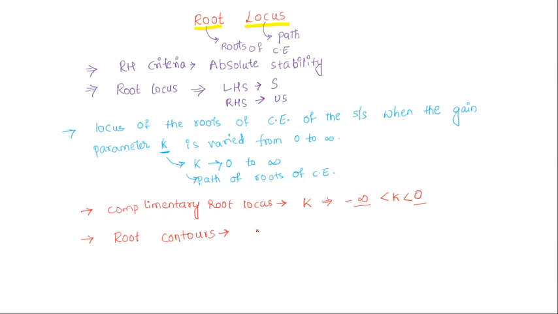If you vary some other parameters, that means if you vary the multiple parameters at a time, then it is the root contour. I will discuss one by one clearly how to draw the root locus, the complementary root locus, and the root contours. So the root contour means if you vary the multiple parameters at a time, then you will get the root contour for the system.